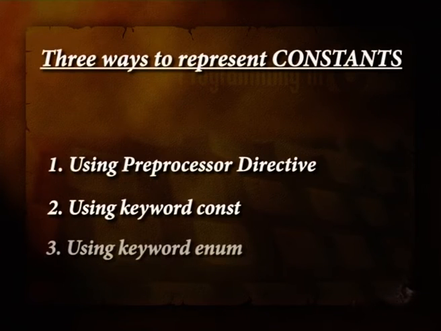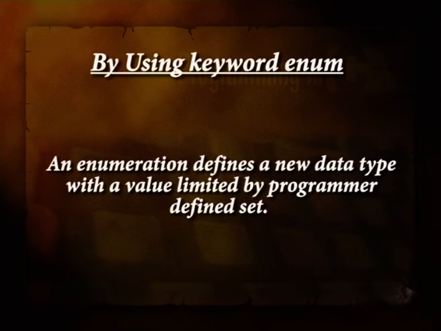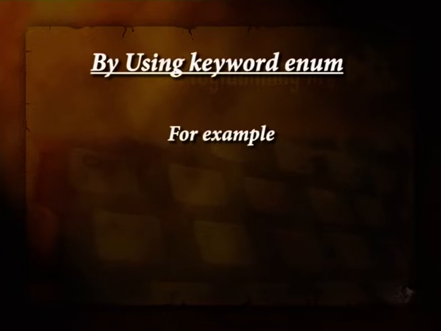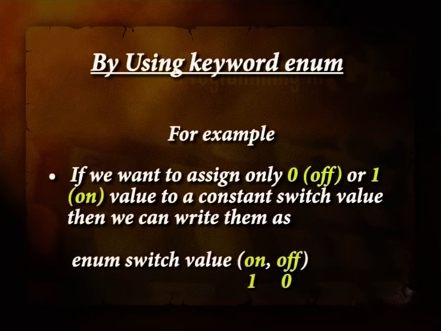The third method is by using a keyword enum. An enumeration defines a new data type with the value limited by programmer defined set. For example, if we want to assign only 0, that is off, or 1, that is on, value to a constant switch value, then we can write them as enum switch value on, off.